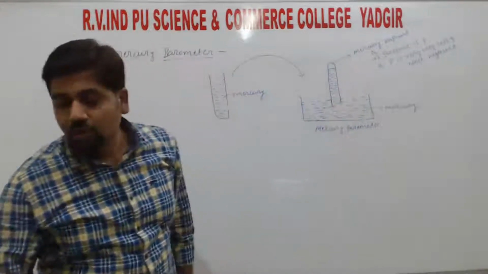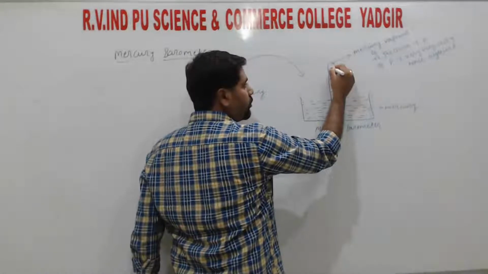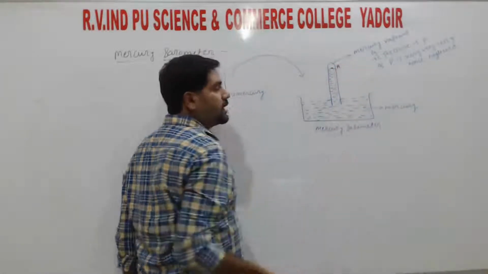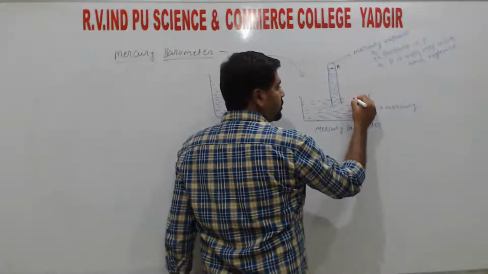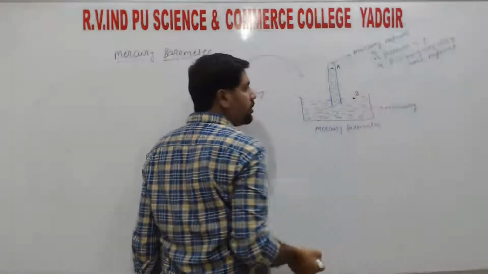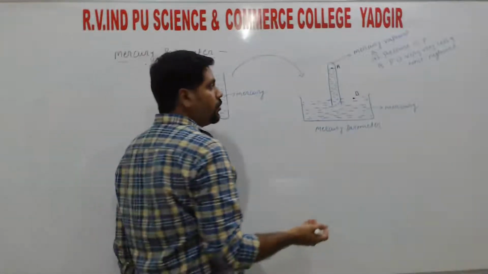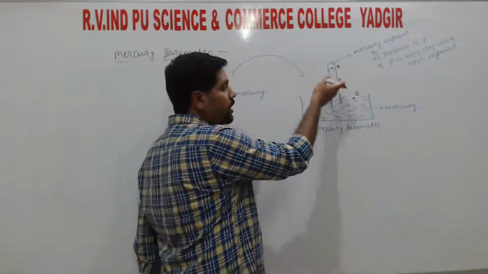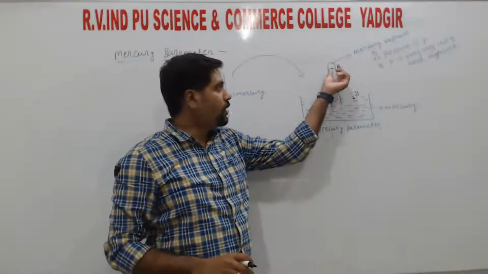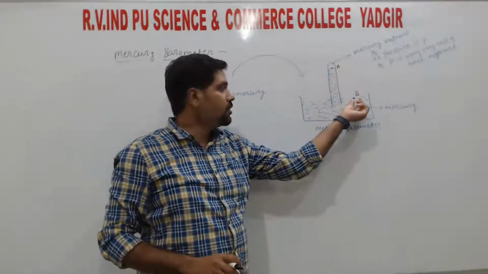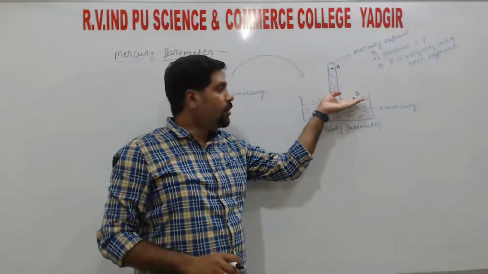Now consider 2 points. One is in the vertical tube, which we take as A. And consider one more point, that is B. Here we are considering the 2 points: one in the vertical tube, and another point B on the top of the mercury surface.